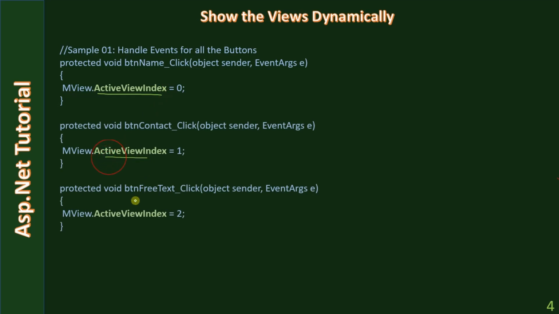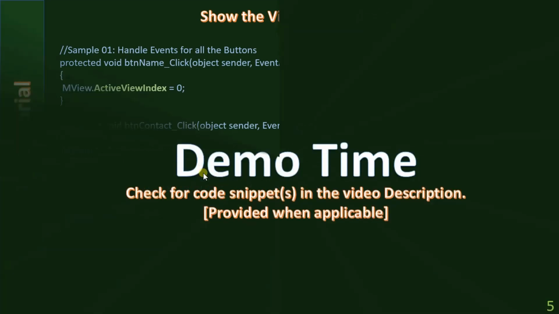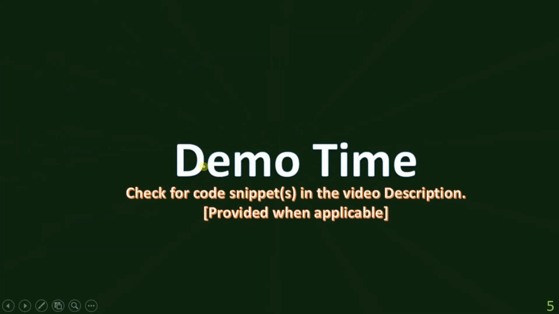So if you see, since we have 3 views, by setting the ActiveIndex property to 0, 1 and 2, we show a specific set of controls in the browser. So the code is simple, so we will directly go to the demo.